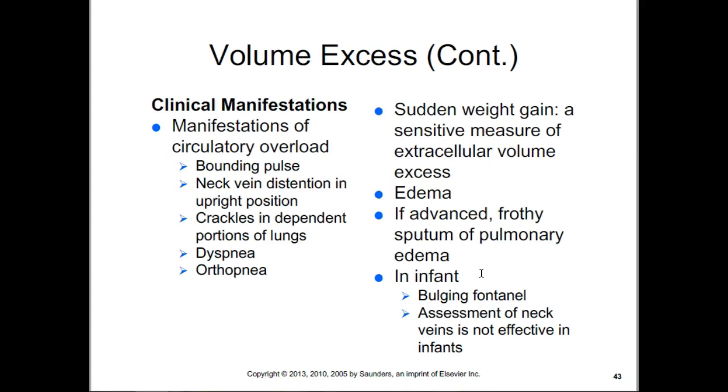You're going to have a bounding pulse, neck vein distension in an upright position. You might hear crackles in portions of the lung, dyspnea, and orthopnea, so different positions cause difficulty in breathing. You might see a sudden weight gain, edema, and frothy sputum of pulmonary edema if it's quite advanced.